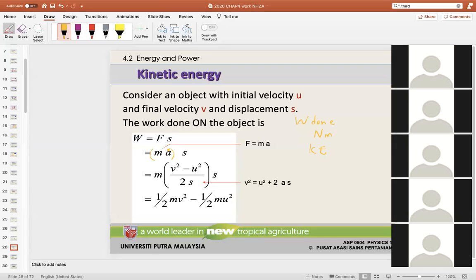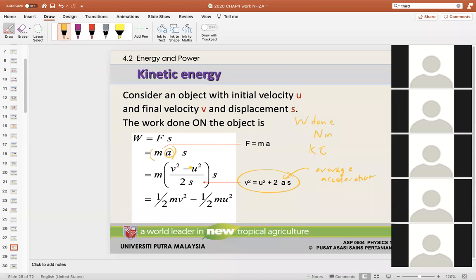The a that we are using here is the average acceleration, given by the kinematic equation v squared equals u squared plus 2as. Remember, the kinematic equation always uses average acceleration, not instantaneous. So we can plug it into our equation.